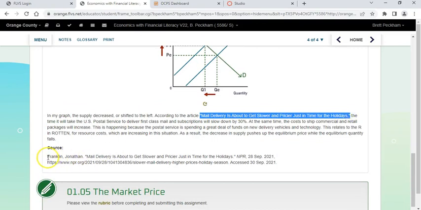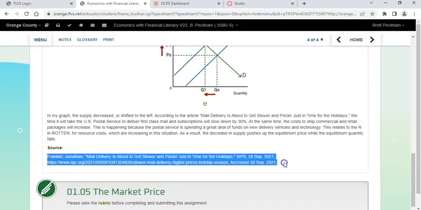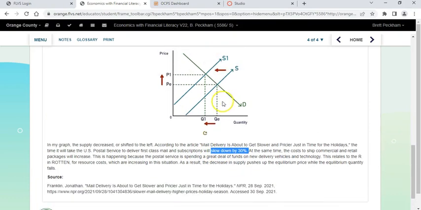They have their source, and you want to make sure that you put your source, and you just copy and paste the source. You have the actual link and then the title of it, and then explain what happened about how there is a slowdown by 30% because of fewer postal workers, so a decrease in supply.